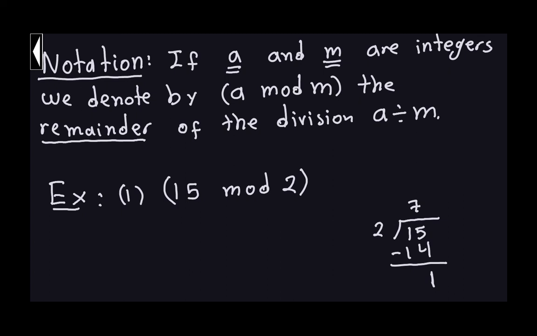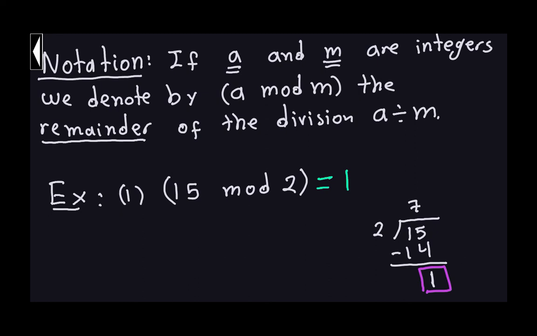So the remainder of that division is just the number 1. So this expression denotes the remainder. In this case, 15 mod 2 will be equal to 1. Okay, so that's basically just the remainder.